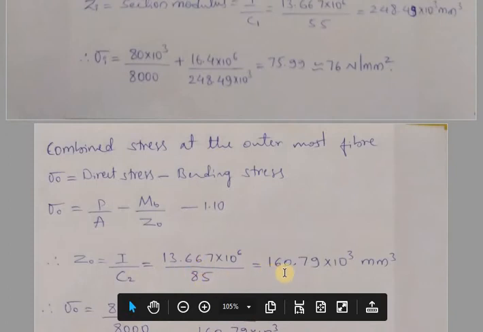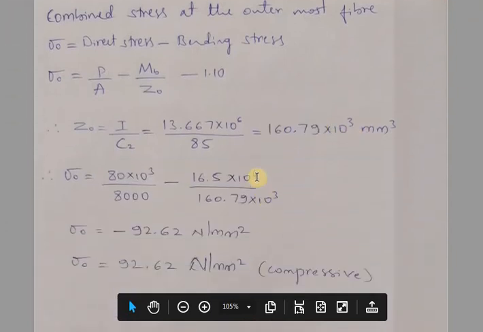So we get the section modulus as 160.79 into 10 raised to 3 mm cube. Substituting these parameters in this equation, we get the combined stress at the outer fiber as negative 92.62 Newton per mm square. This negative sign indicates that it is compressive in nature.